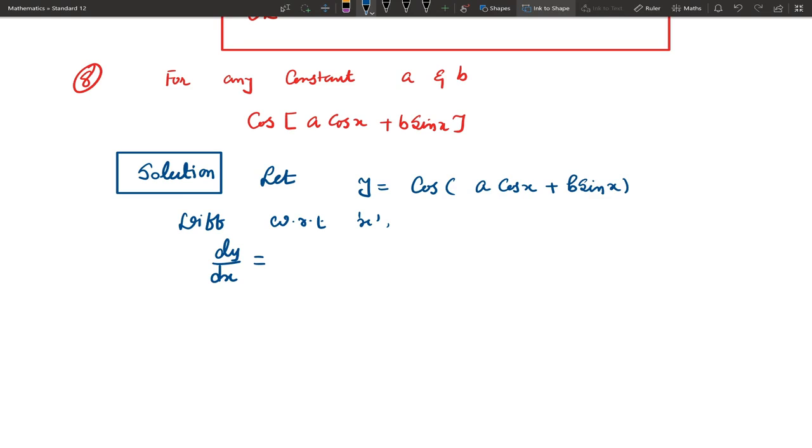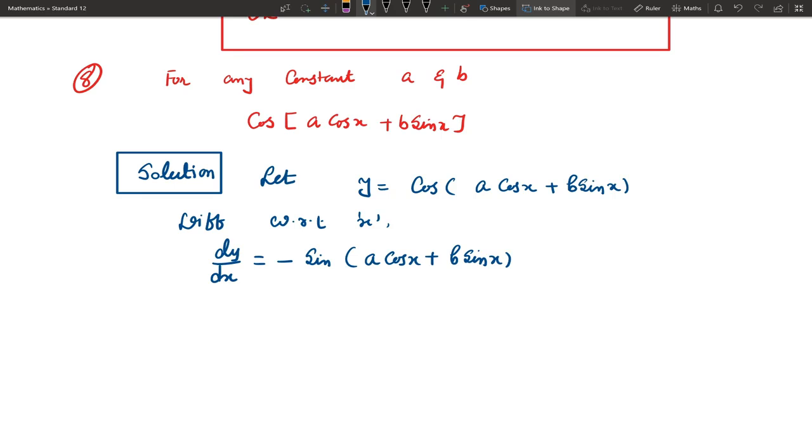Now on the right hand side, the derivative of cos is minus sine. So this is minus sine of a cos x plus b sin x, using d by dx of cos x equal to minus sin x.